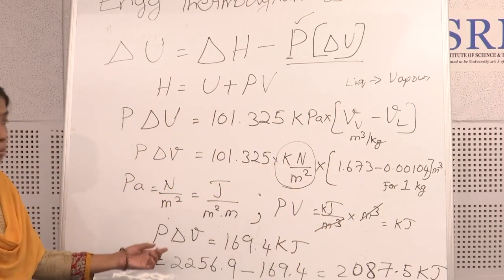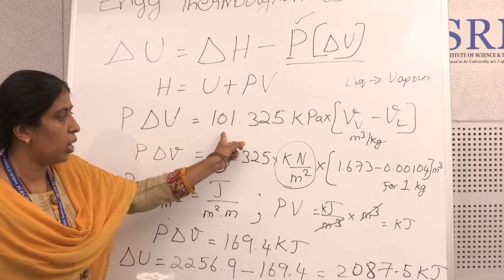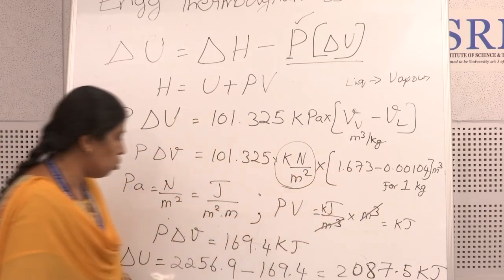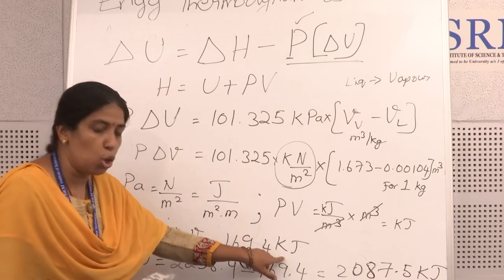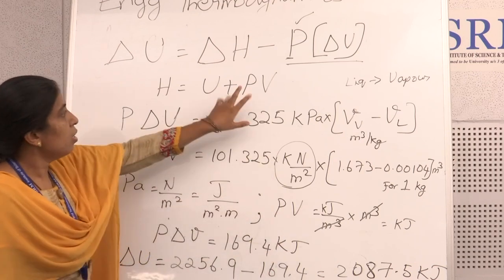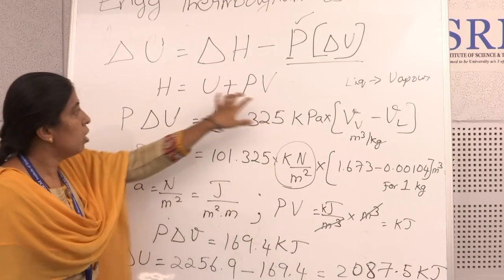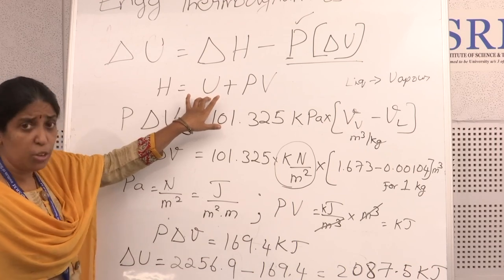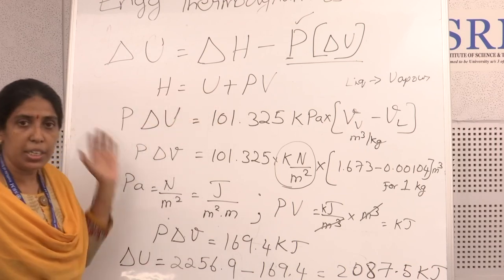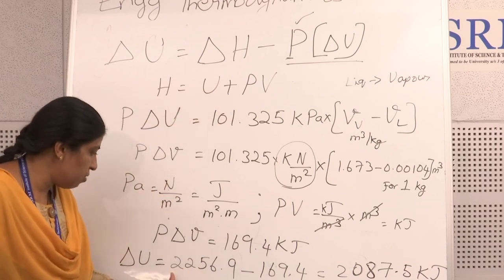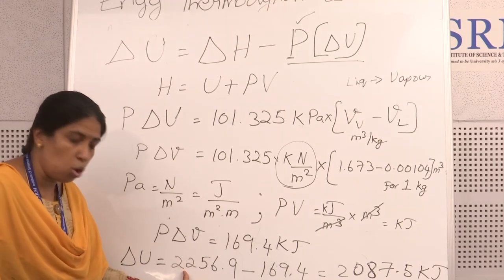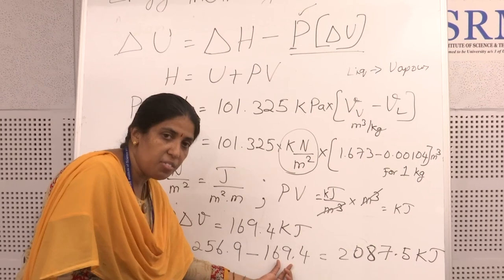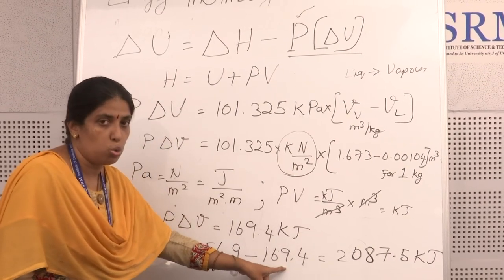Again, you can directly substitute, multiply this 101 and subtract these two values. You will get the final answer as 169.4, which is in kilojoules. So this term is in kilojoule. Delta U we need to find, and delta H was calculated in the previous step. From the previous step I have substituted the delta H value, which is in kilojoules, and the P delta V value, which is also in kilojoules.